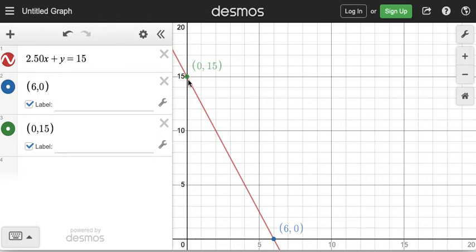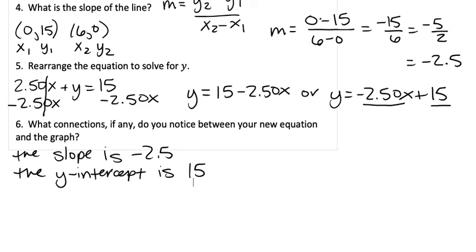And then if I look here, I should see that for each unit you go 1 to the right, you're going down 2.5 units. Or you can see that you're going down 5 units as you go to the right 2 units, which gives you the slope of negative 5 over 2. So those are the connections that you should see between the equation and the graph. When it's in y equals mx plus b form, you have the slope m and you have the y-intercept b.